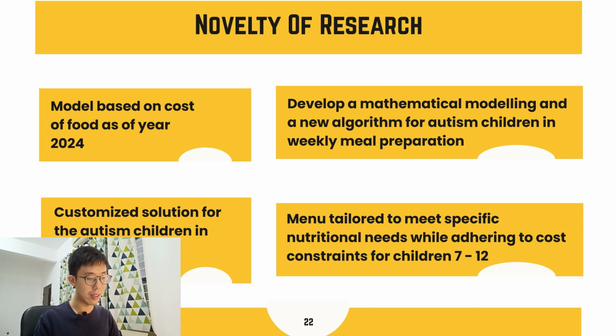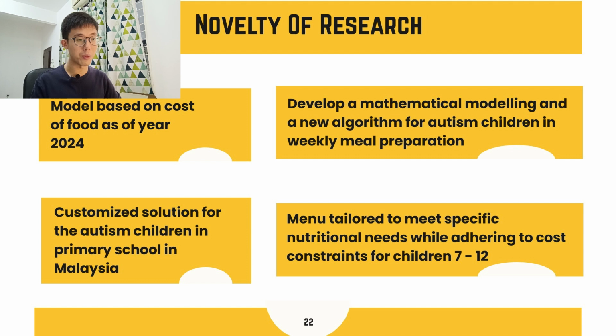In the end of the research, a mathematical model and a new algorithm for autism children in weekly meal preparation will be developed. The solution is customized with Malaysian meal preferences and specifically for children with ASD, covering the child age of 7 to 12, which is the most important stage of healthy growth of a future adult.